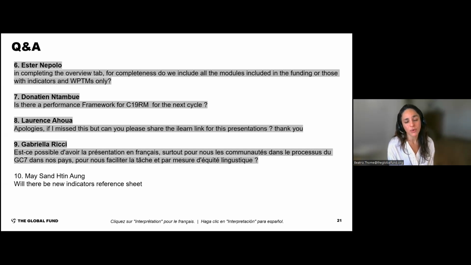So the new modular framework is aligned with the new global guidance, as well as the indicator guidance sheets. And we hope that the new indicator guidance sheets will also have a little more guidance on how to interpret the indicators, as well as the results coming out of these indicators. So again, please stay tuned for those to come out very soon.